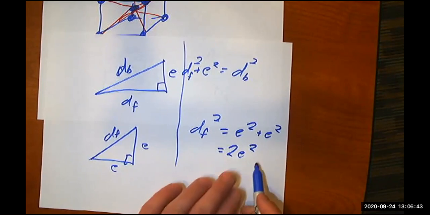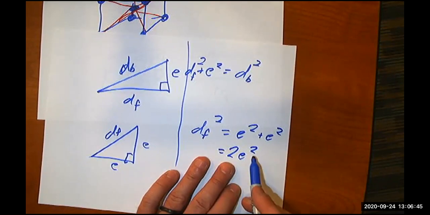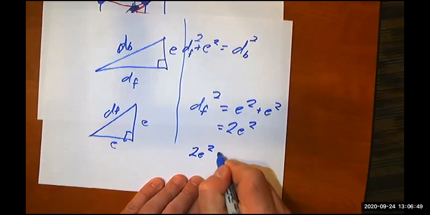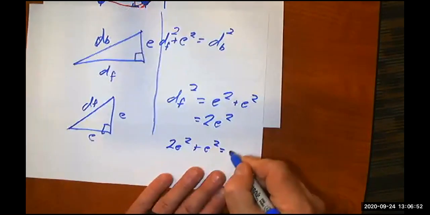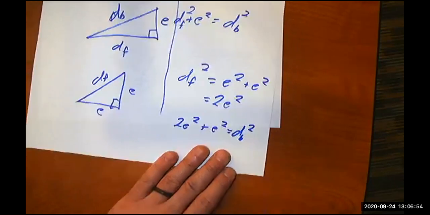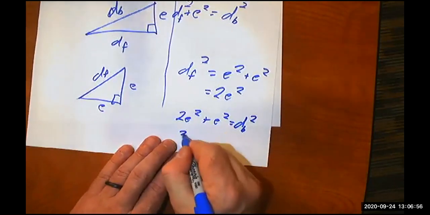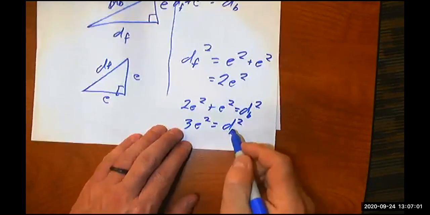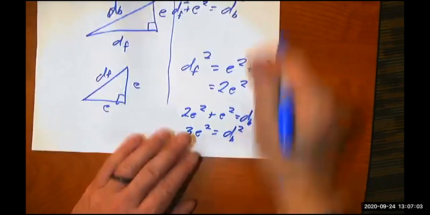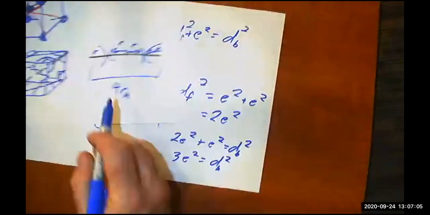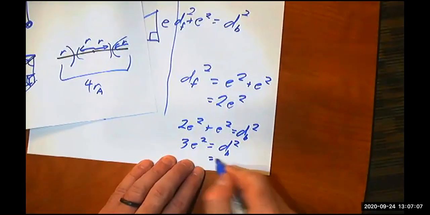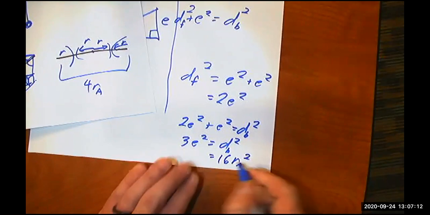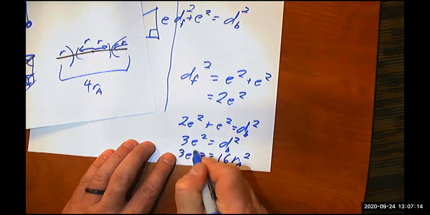Let's not bother with the square root at this point. Plugging this in, we have 2e squared plus e squared equals the body diagonal squared, so 3e squared equals the body diagonal squared. We know the body diagonal is 4R_A, so 16R_A squared equals 3e squared.